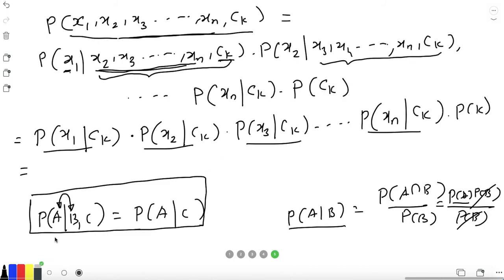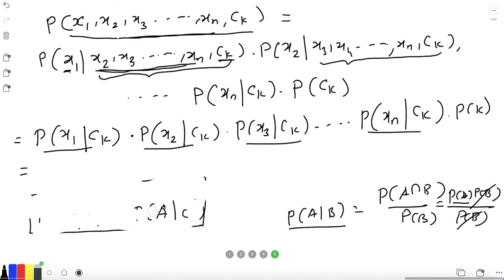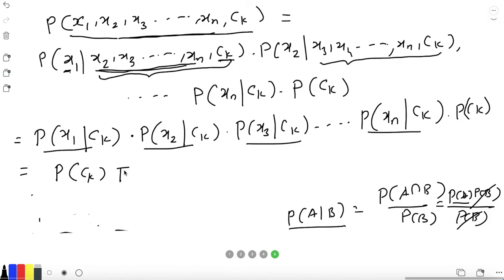Let me make some space here. If I rewrite this by taking the probability of Ck outside, then this will be a product. Pi is nothing but the symbol of product: product of i equal to 1 to n, probability of xi given Ck.